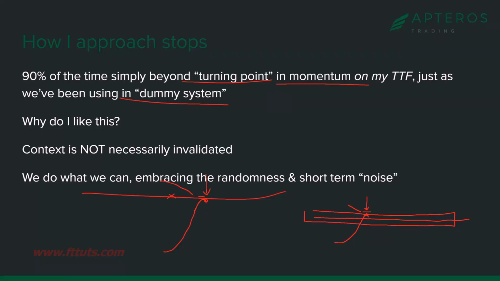Why do I like this? I love maximizing risk reward with a reasonable degree of wiggle room. That's kind of how I feel about it. If I'm going to get into a turning point and I get short right here, am I going to put my stop one tick above the tick that I got on in? Well, that's going to stop me out a whole lot, isn't it?